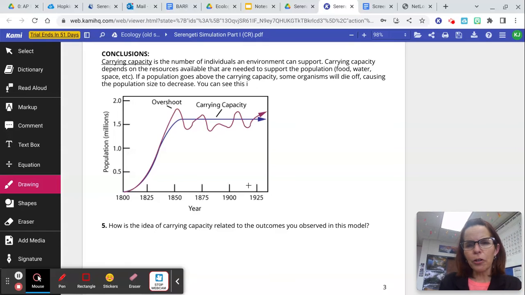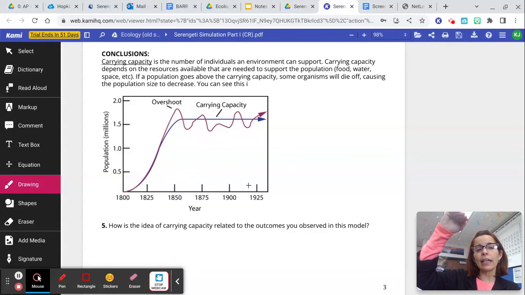So take a look at the graph. Look at the blue line. The blue line represents what we think is the carrying capacity. So if you go across to the numbers, whatever this population is, this isn't for the buffalo, this is just a sample graph. But if you go across, you can see that the carrying capacity is around 1.5 million. The pink line represents a real population. And you see that population, they're reproducing.